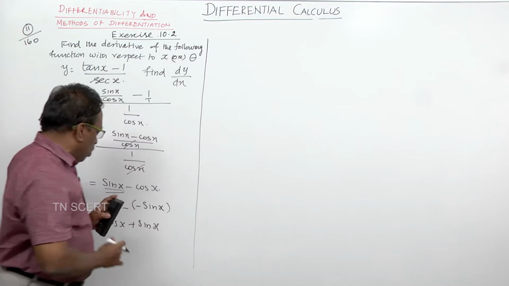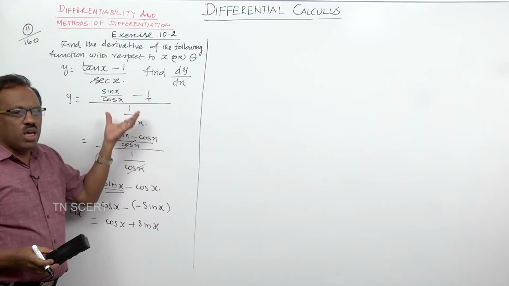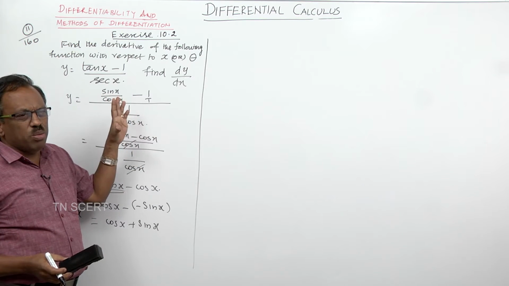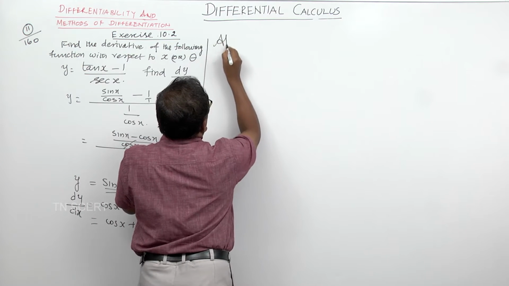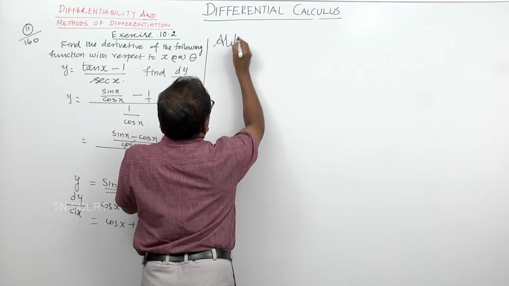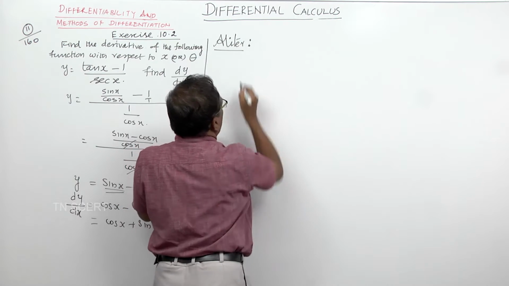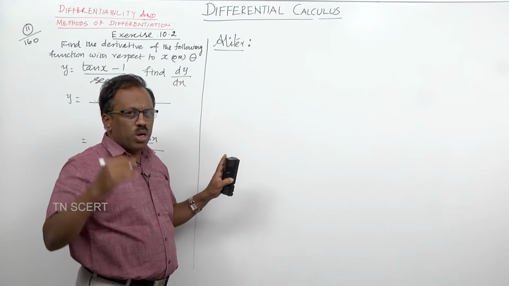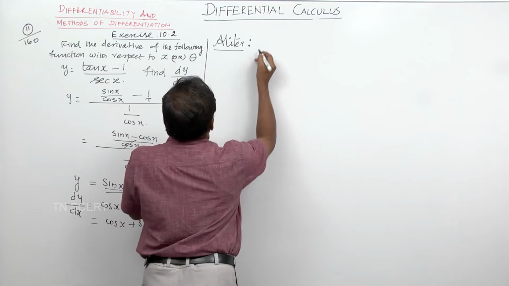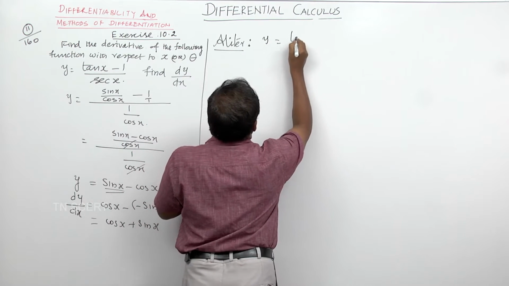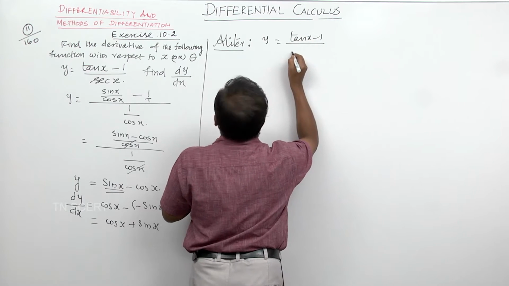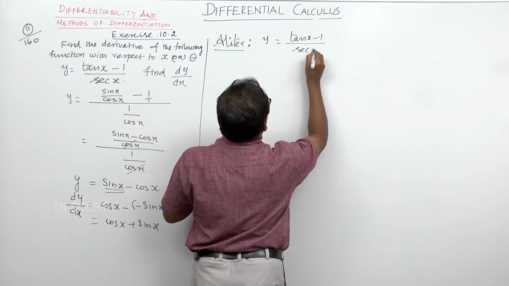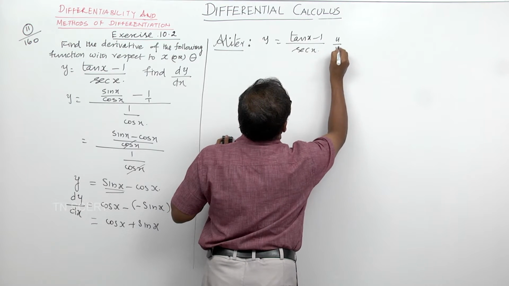But if you do not know this process of eliminating trigonometrical terms, we can do the direct method. This sum we can solve the other way, like the u by v process, that is y is equal to tan x minus 1 by secant x. This is u, this is v.